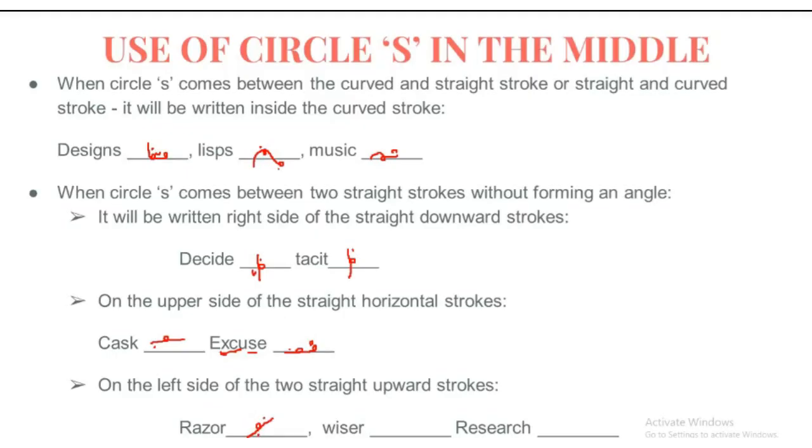Razor. Visor. यहाँ भी ray is also upper and ray is also upper. Research. Ray, S circle, ray and J. Is it clear? Yes, ma'am.